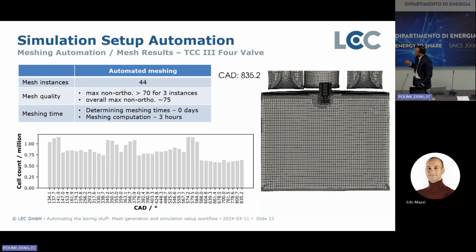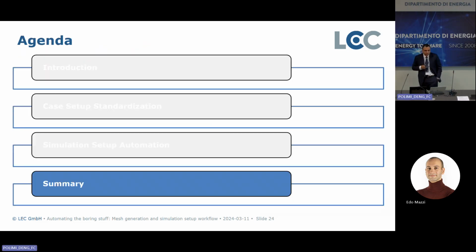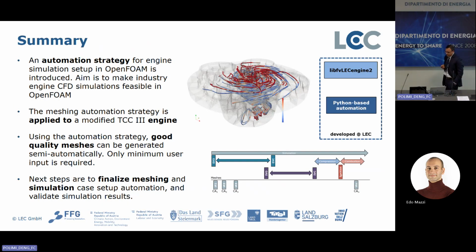So with this, I would like to summarize my presentation. I showed today an automation strategy specific to engine simulations in OpenFOAM. The aim is very simple, because in industry you never have so much time to set up an OpenFOAM simulation, and for a new user it can be a lot of effort.